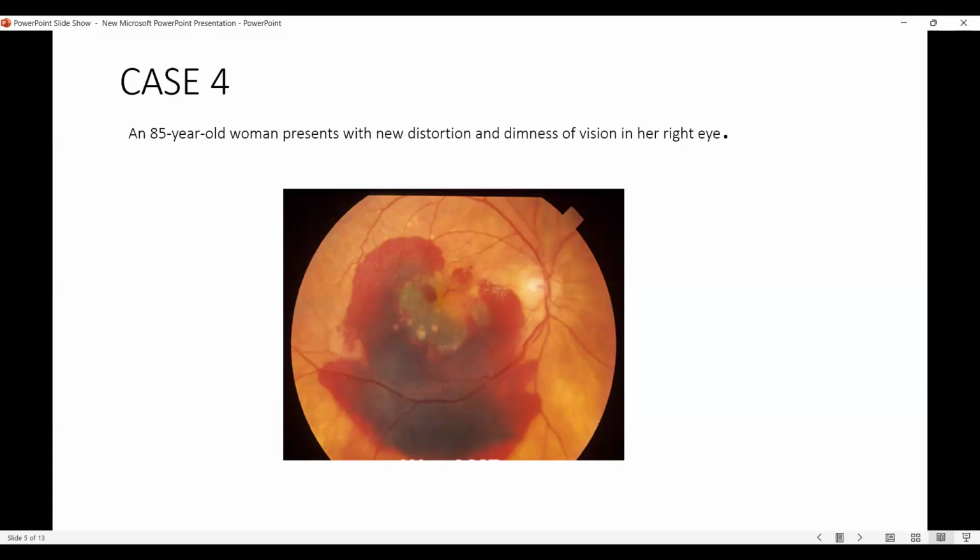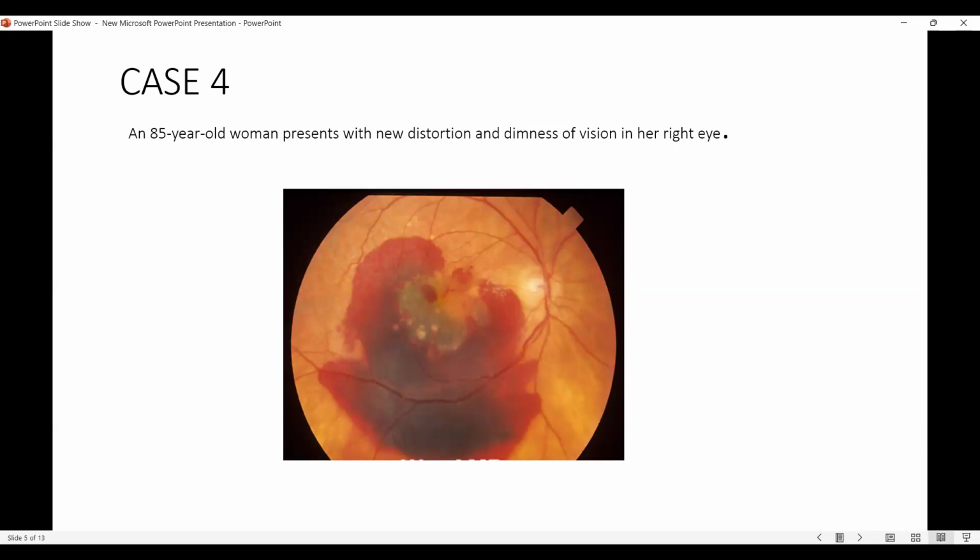Yes. Then what investigation would you like to do for this patient? OCT to confirm the diagnosis. Okay. Fundus fluorescein angiography shows a lacy pattern. Yes. Lacy pattern, and anything else?